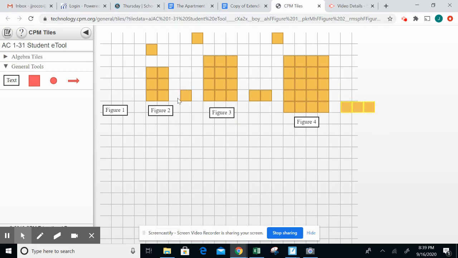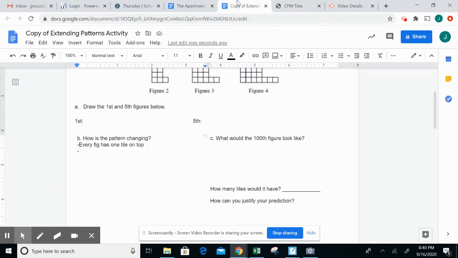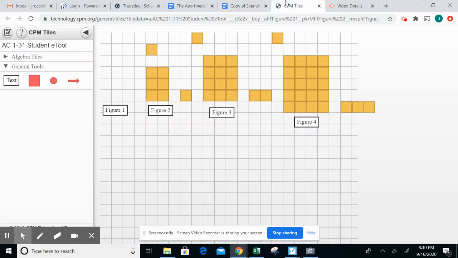So if you look, this tail, figure 2 has 1, figure 3 has 2, figure 4 has 3. So at every figure, it has a tail, and that tail is 1 less than the figure number. Now I'm going to explain why the figure number is important, but I'm going to say tail has 1 less than figure number.